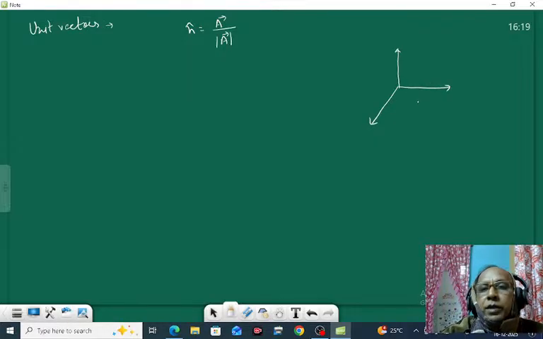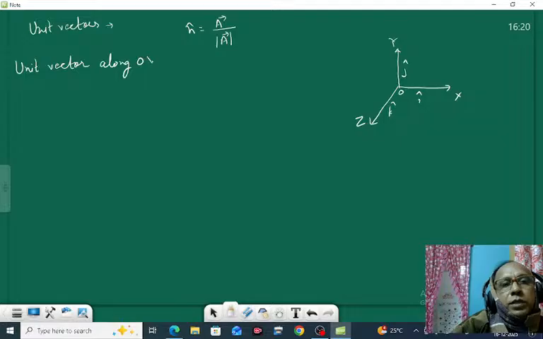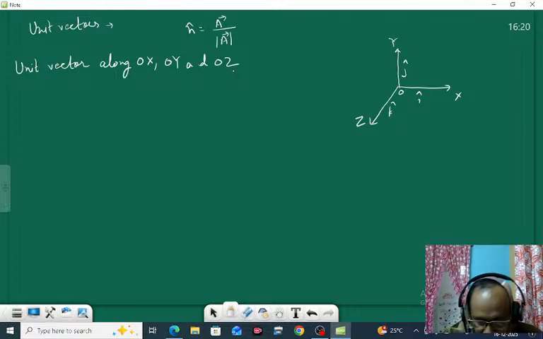That is, i unit vector along x direction, j unit vector along y direction, and k unit vector along z direction.